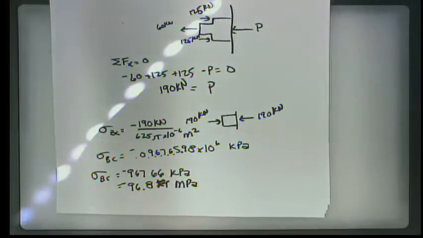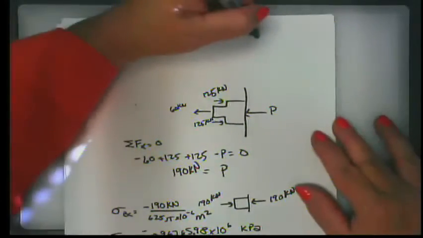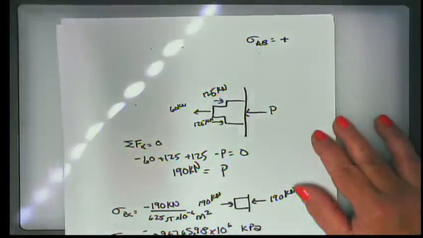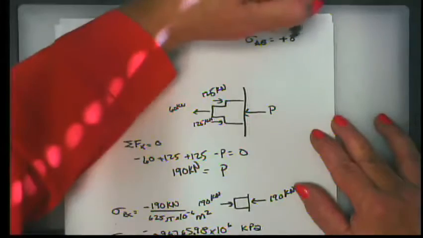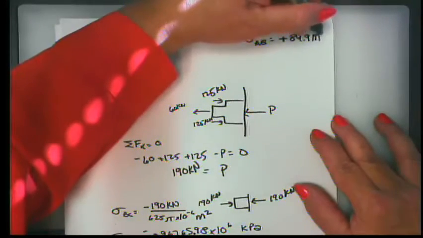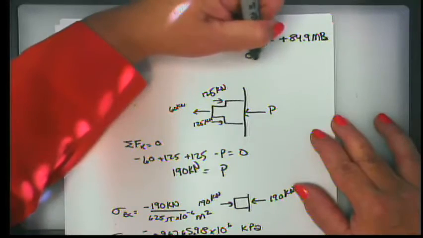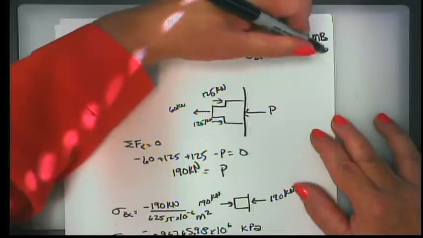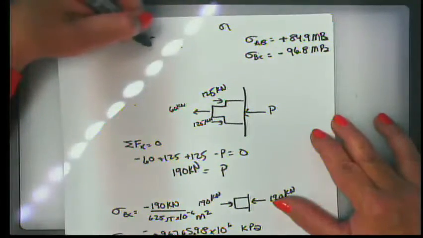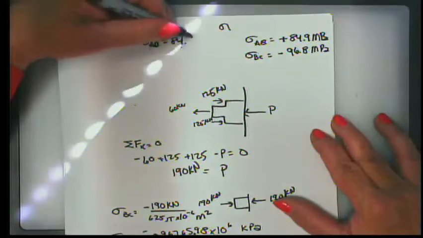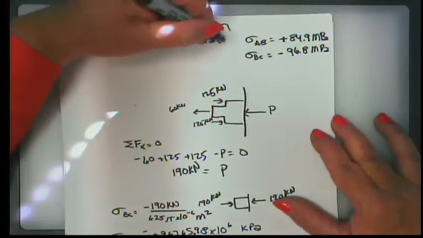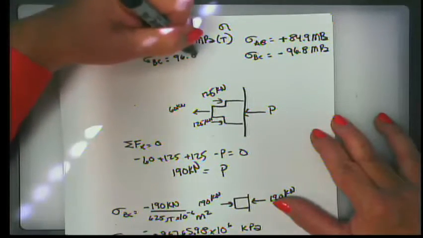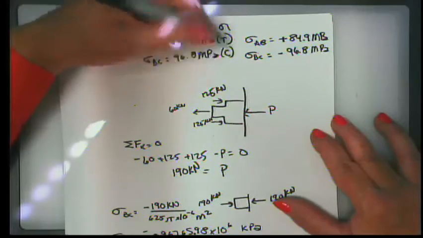Okay, so there's two ways that you can write this. You can say sigma AB is positive 84.9 MPa, and that sigma BC is negative 96.8 MPa, or you can say sigma AB is 84.9 MPa in tension, and sigma BC is 96.8 MPa in compression.